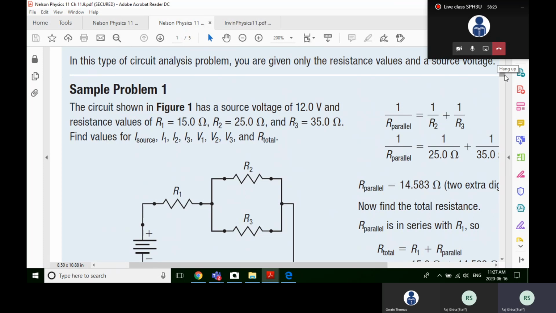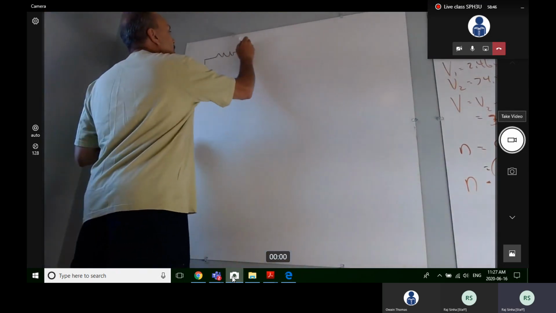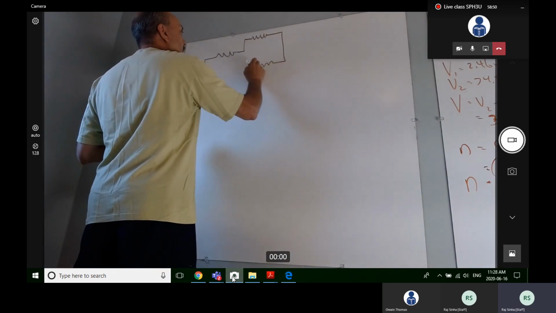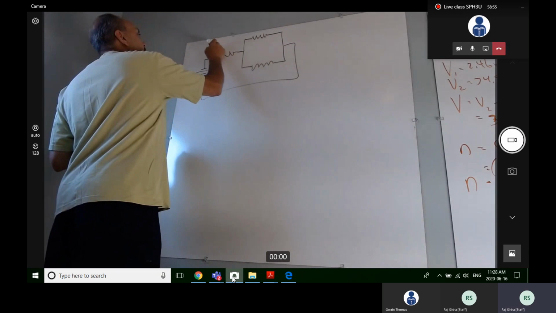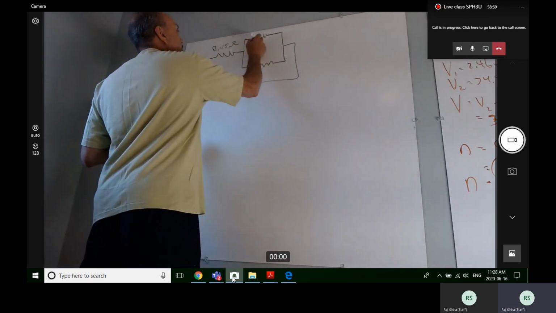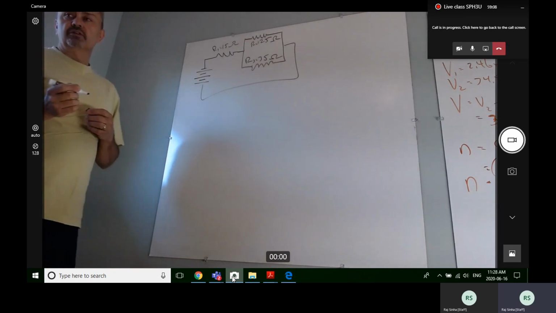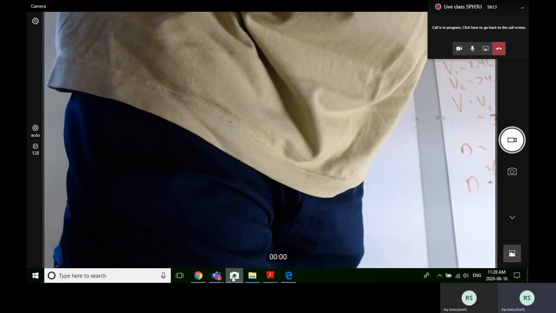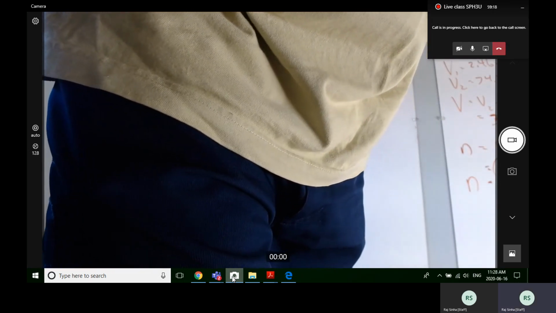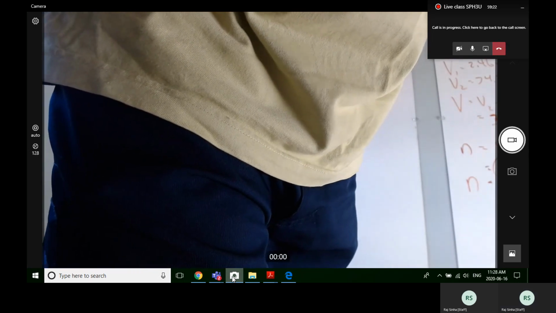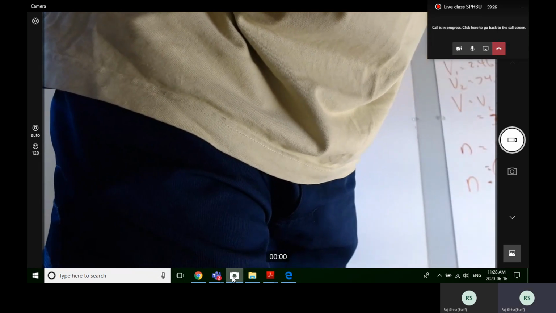So I'm seeing 15, 25, 35. Okay, so there's R1, R2, and R3, and we must have been given a starting voltage, 12 volts.